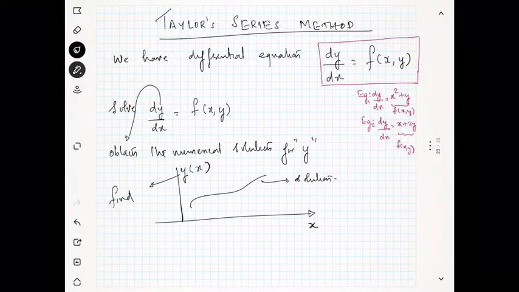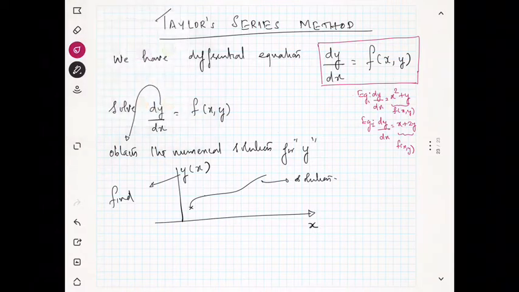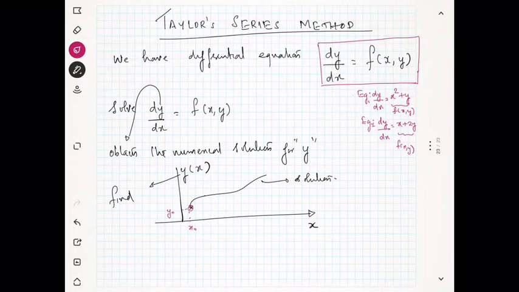But you are not going to solve it analytically. You are going to get the numerical values. Maybe you will be starting from some values, y naught and x naught, which will be given.